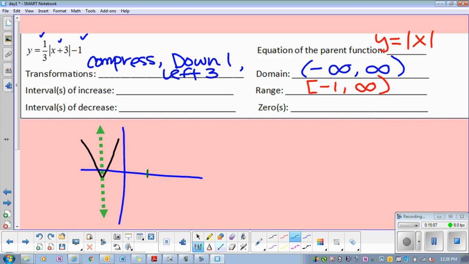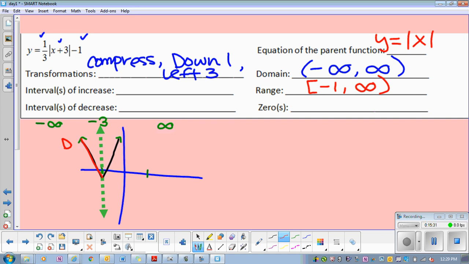Positive 3? Negative 3, right? And then you have an arrow going to the left, so you're coming from negative infinity. You have an arrow going to the right, so you're going to positive infinity. It's the x values, right? Now, what is your graph doing from the left to the right, up to that line there?